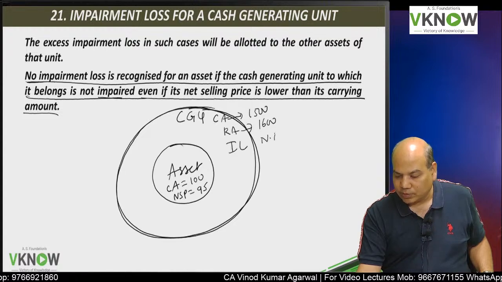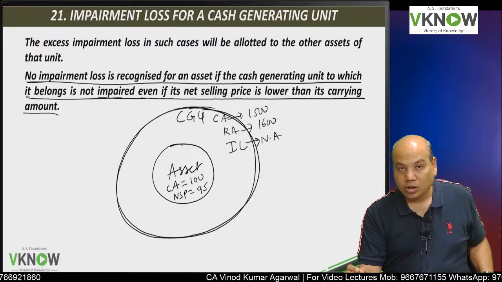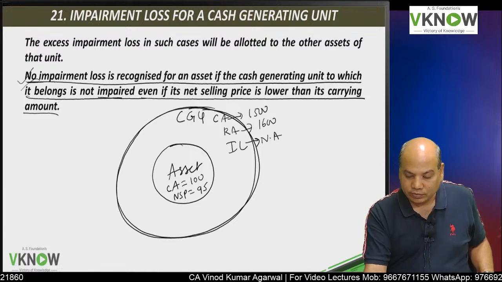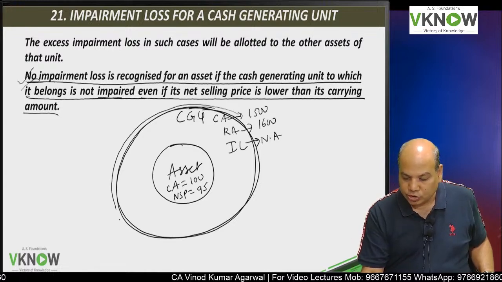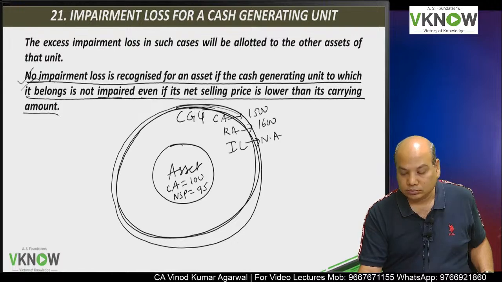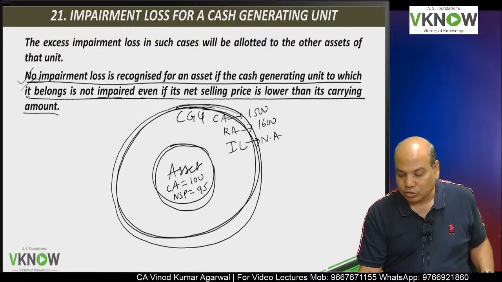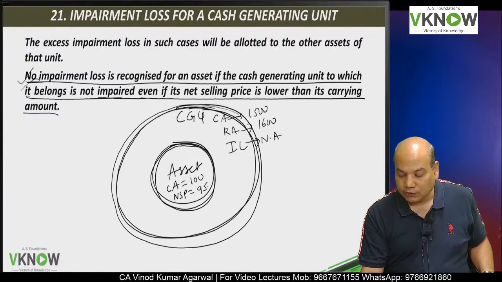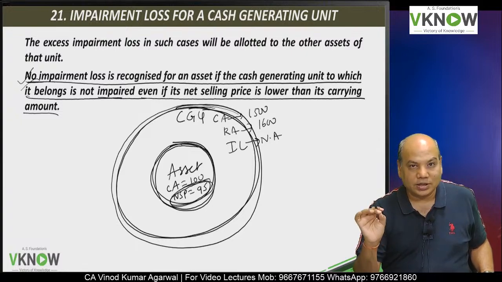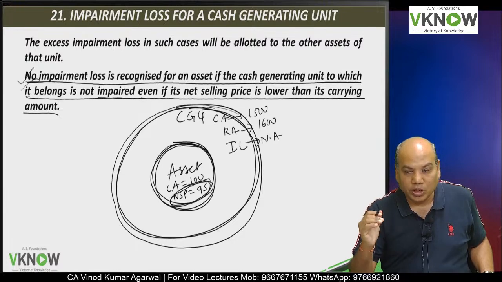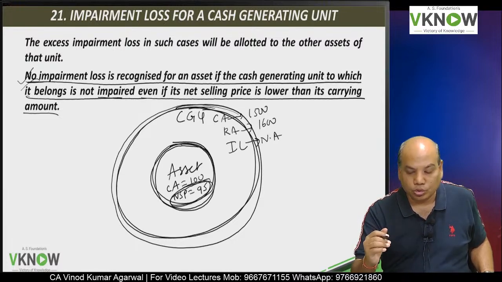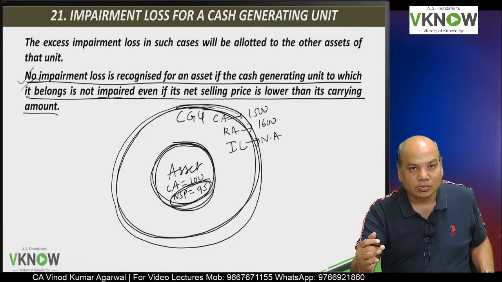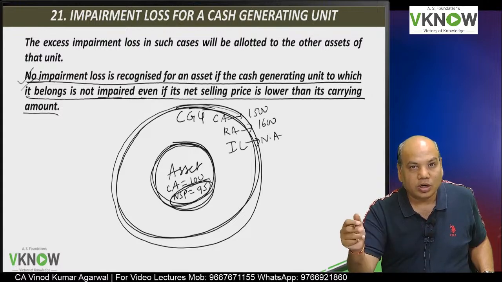Impairment loss not applicable. So what the standard is saying, if the CGU is not impaired, the asset is also not impaired, even though there is a possibility that its net selling price may have gone down below the carrying amount, but net selling price is not recoverable amount.